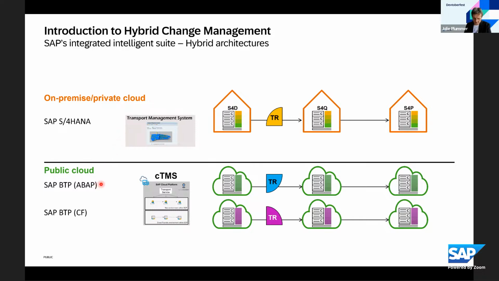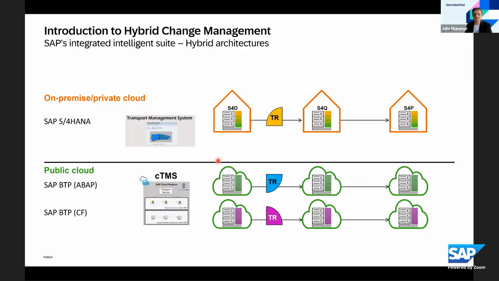Typically, they also have a new application which is called by the traditional application. They've got a new side-by-side extension which they've created in SAP BTP ABAP Environment. And the front end for the application, what the end user will see, is a Fiori application in the Cloud Foundry environment. And these latter two are then managed by Cloud Transport Management.